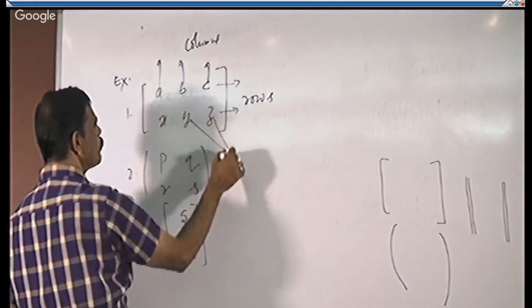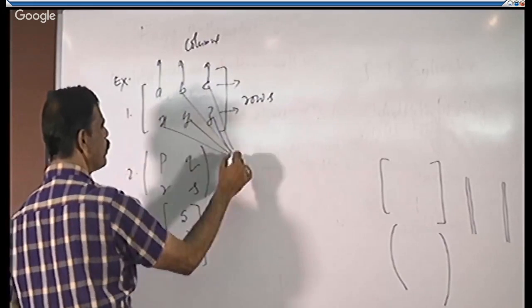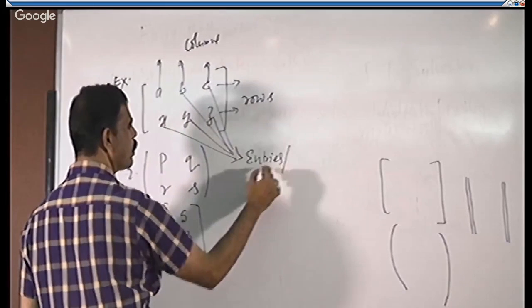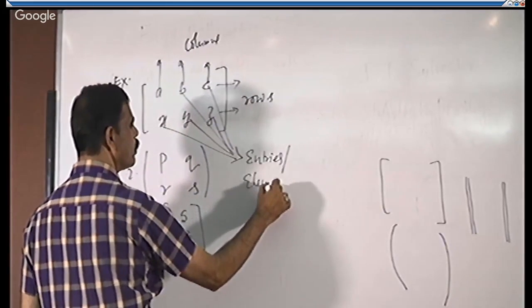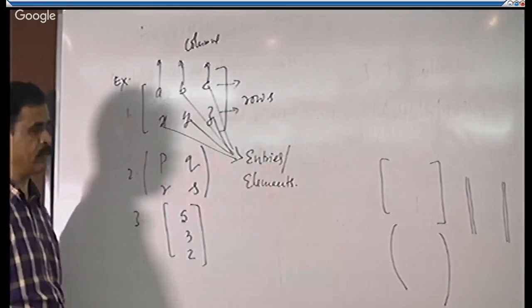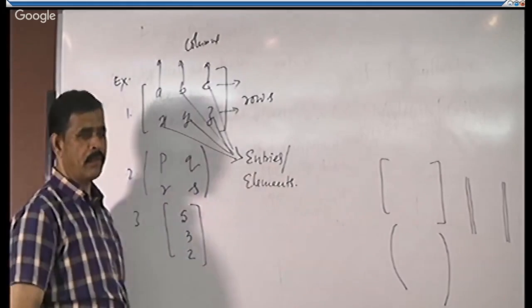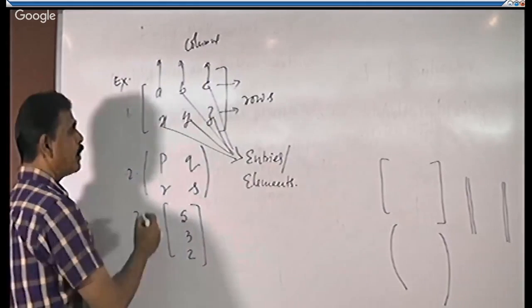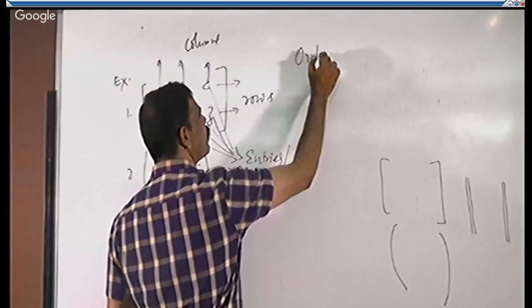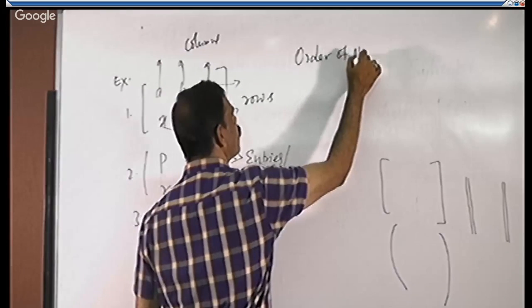And X, Y, Z, A, B, C, they are all said to be entries. Entries are elements of a matrix, right? Then, very important thing, the order of a matrix.